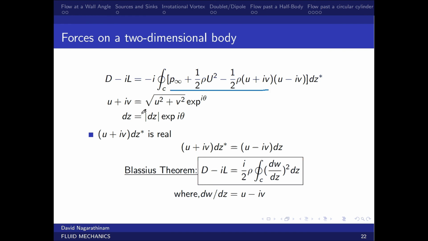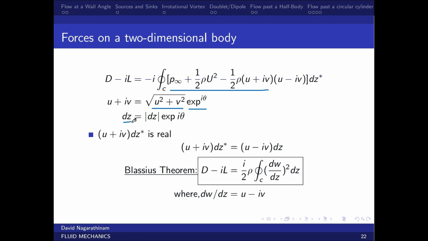Now essentially u plus iv can be represented as a product of its magnitude and exponential of i theta. Here, the square root of u squared plus v squared is the magnitude of u plus iv, and theta is the orientation of the element, which is oriented at an angle theta with respect to the horizontal.